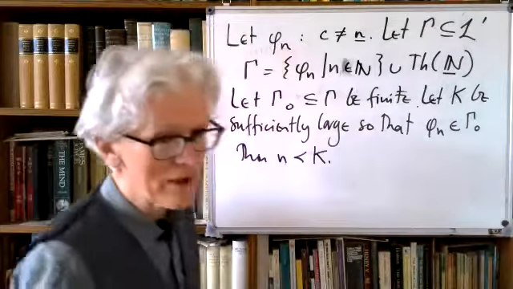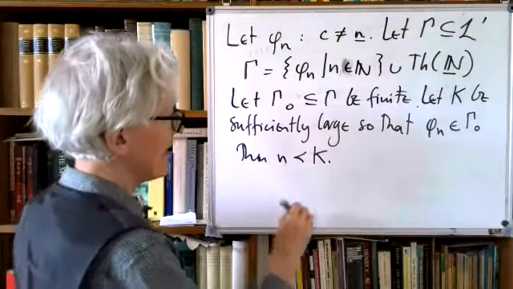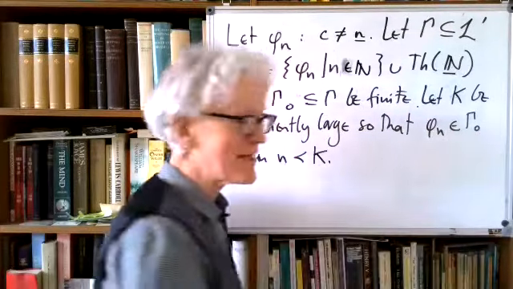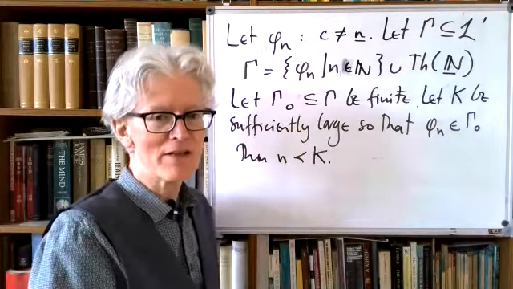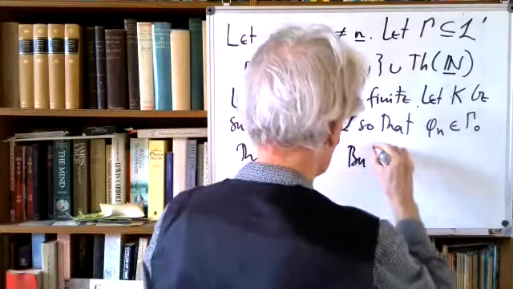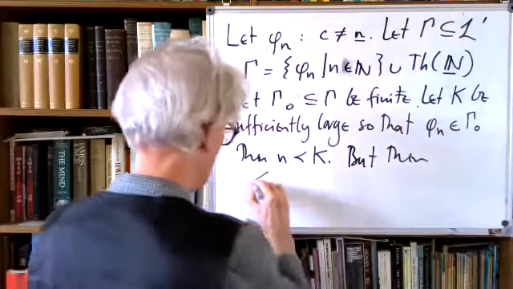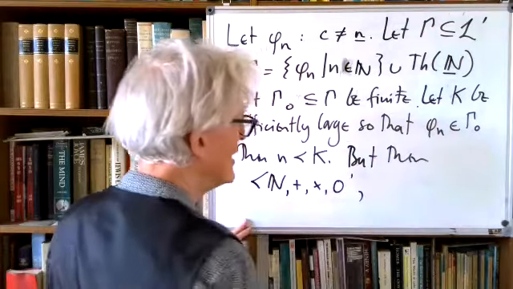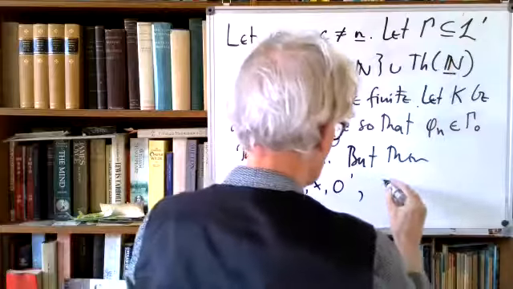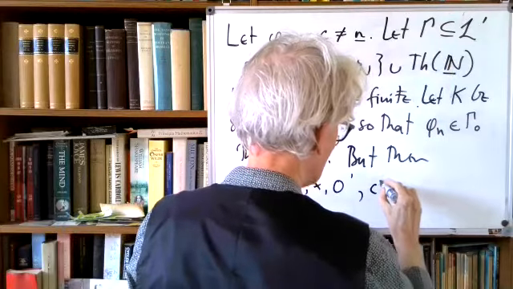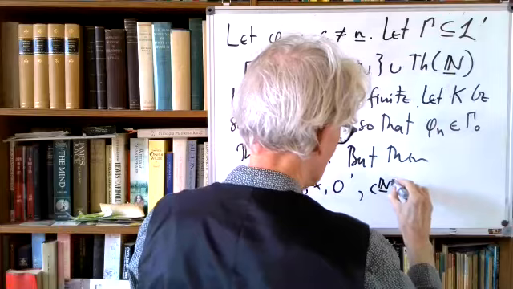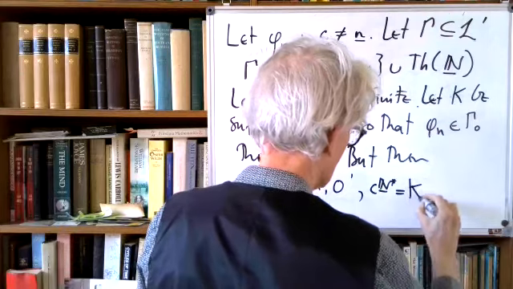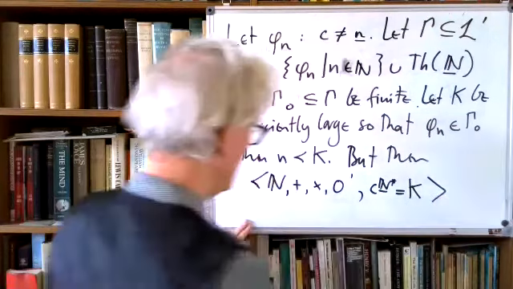So now all I have to do is just see that gamma 0 is true in the standard structure when I interpret C as k. I take here the ordinary plus, times, 0 and successor, and I need an interpretation for the constant C. So here I'm going to interpret C in this structure, n star, and this will be the number k.